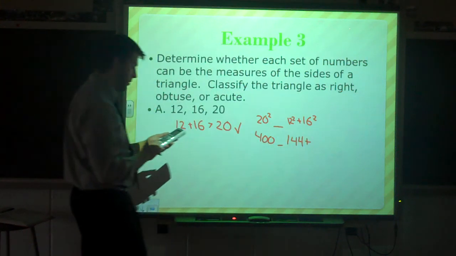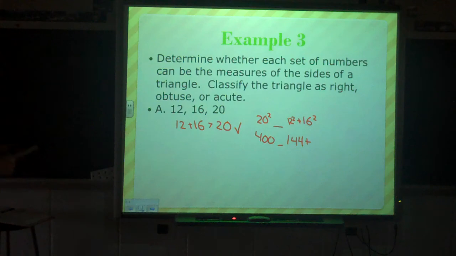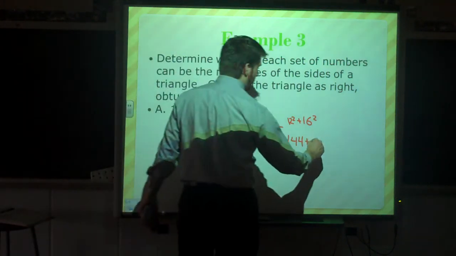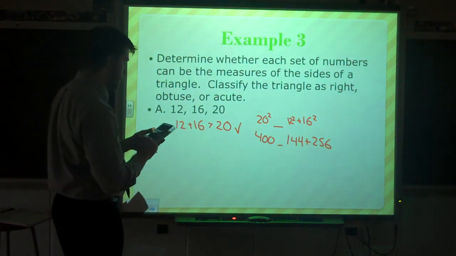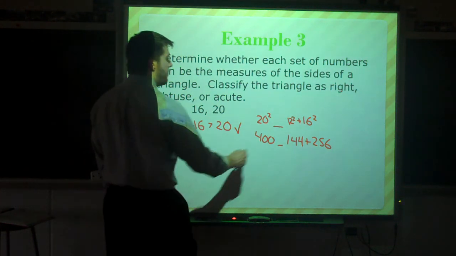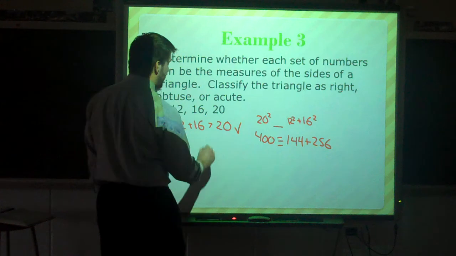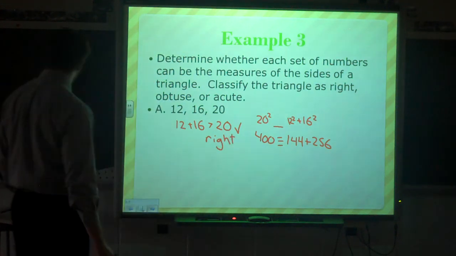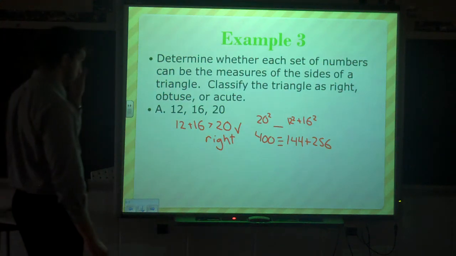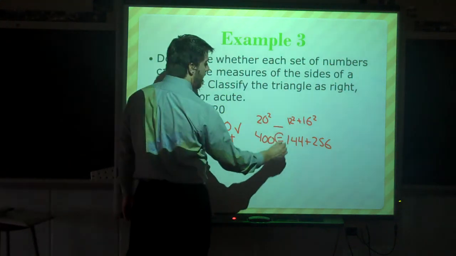Plus 16 squared gives me 256. And then I add 144 plus 256, and I get 400. That tells me that they are equal, so it's a right triangle, because they were equal. And that's what you're checking. So when you plug it in, how do they compare?